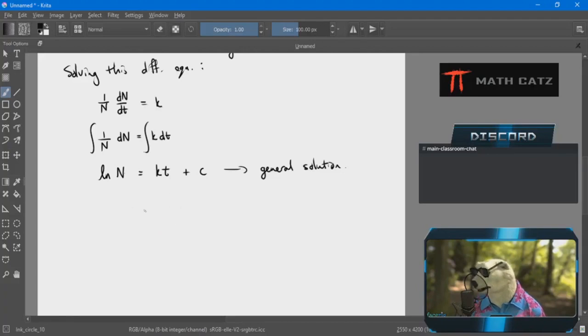So I now have a reason to simplify this and make it look a little nicer by solving for n. And in this case, just based on our understanding of log equations and their link to exponential equations, I can very easily write this as n equals e to the kt plus c.